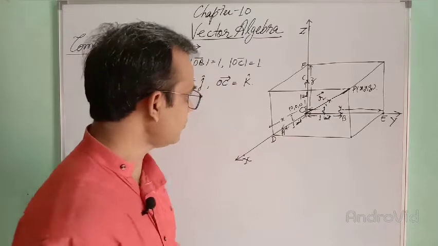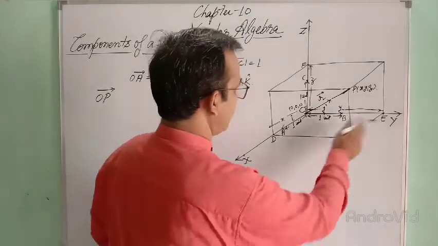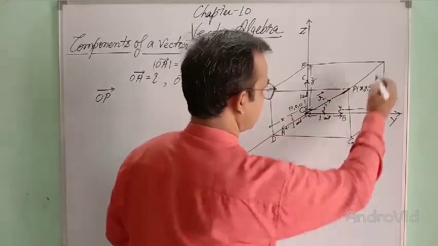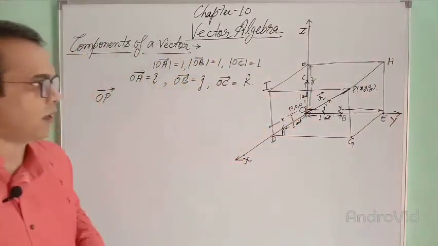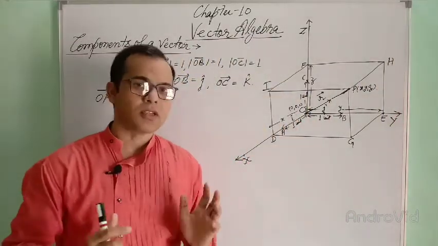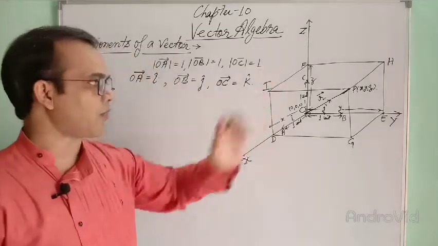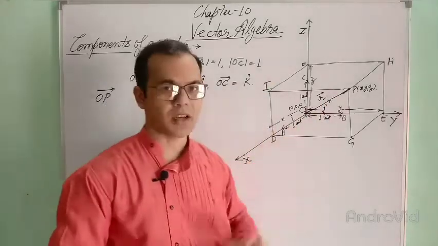Now let's consider these points D, E, F, and G. Our motto is to get the value of the vector R, that is, the vector OP.